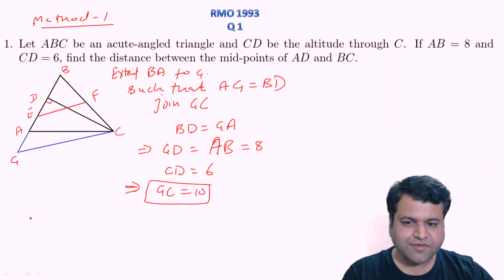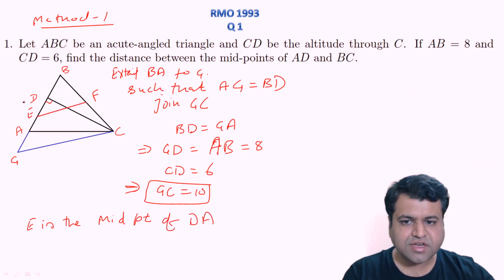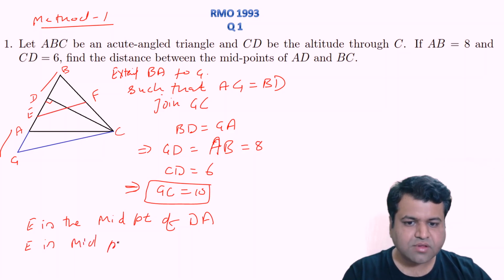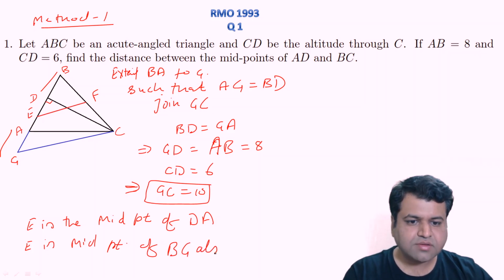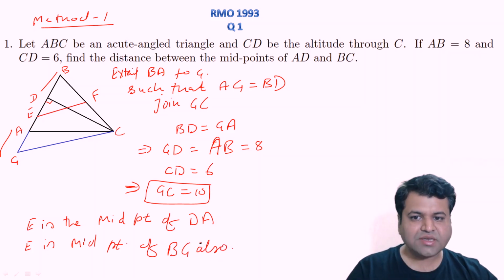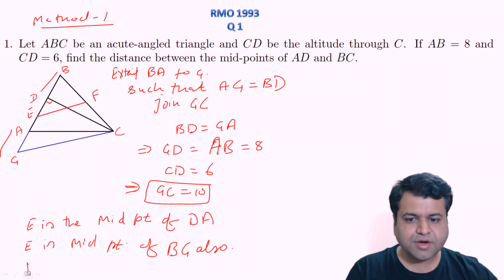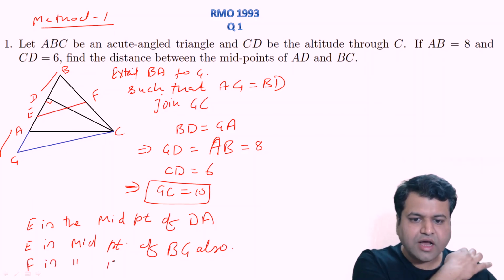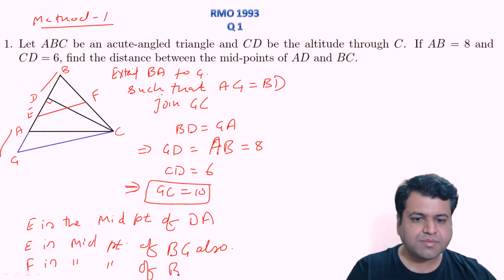And one thing we can also say is that E is the midpoint of DA, that was given in the question, and DB is clearly equal to AG as per our construction. So we can say that E is the midpoint of BG also, according to our construction, and F is the midpoint of BC.